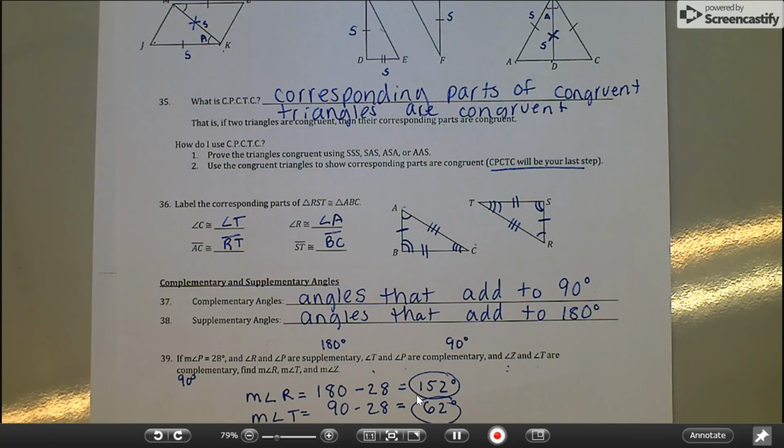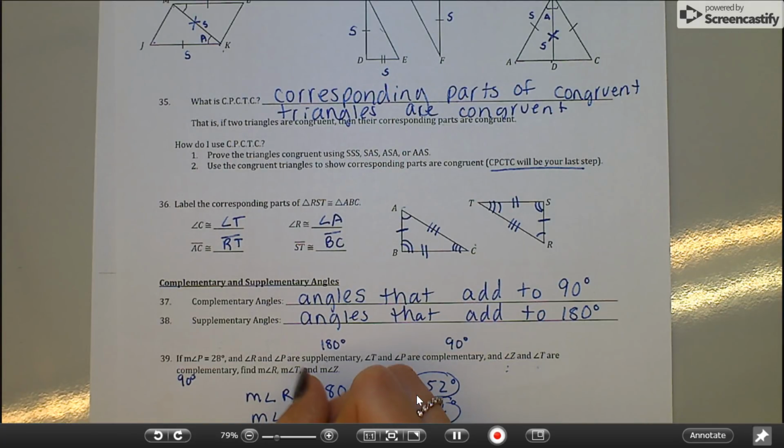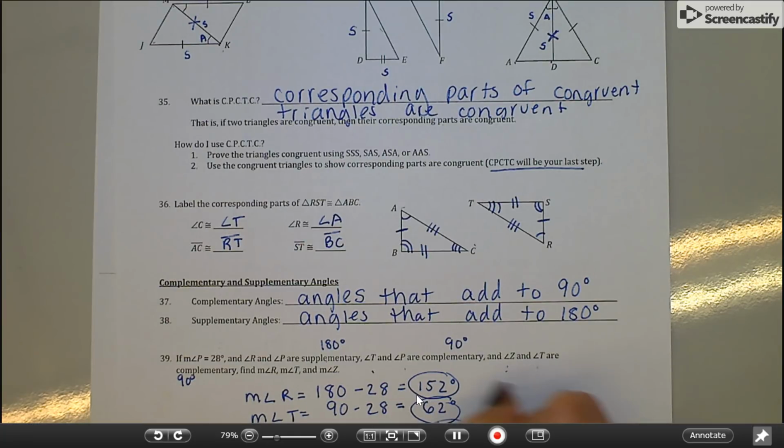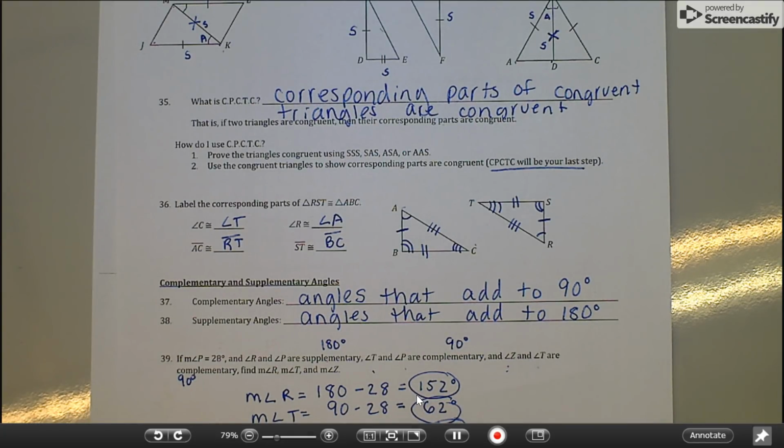Okay, well, we know that T is 62. So to find the measure of angle Z, we would take 90 minus 62, and you might already know that that's going to be 28, since we already knew that angle P was also 28.